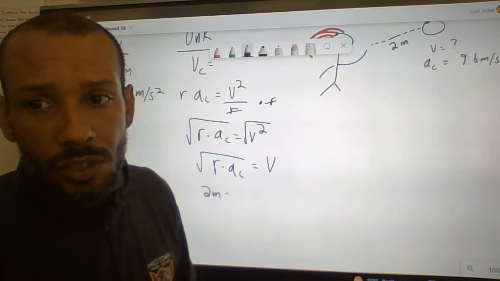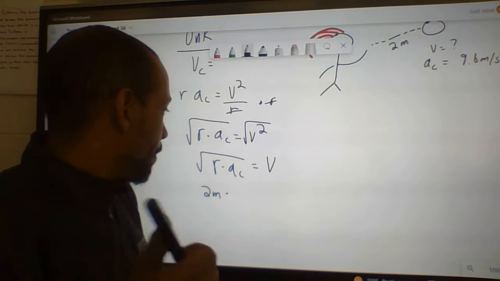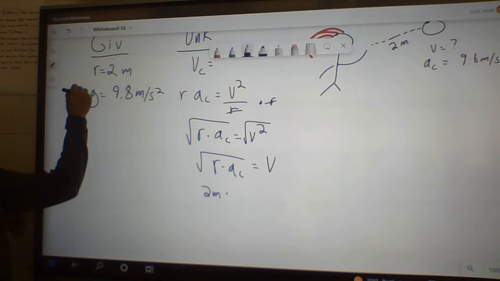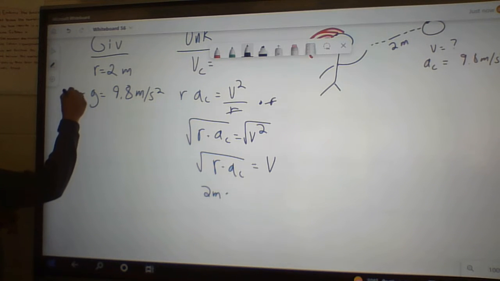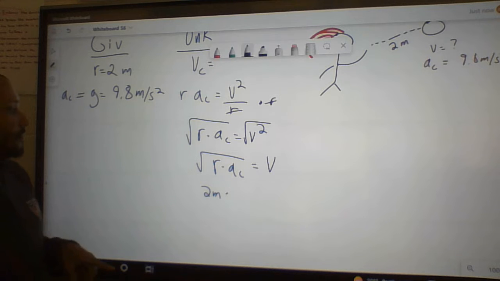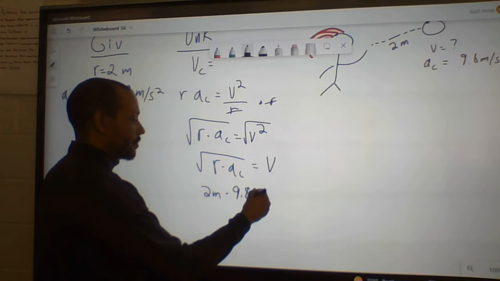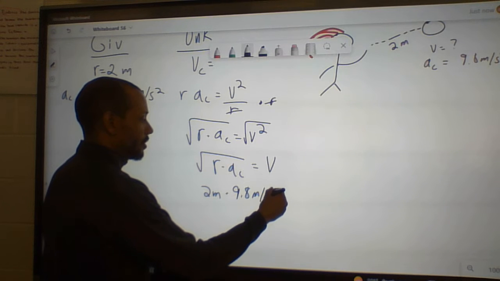We're back. So r is 2 meters, and we wanted to know when centripetal acceleration is equal to gravity. So acceleration is going to be 9.8 meters per second squared.